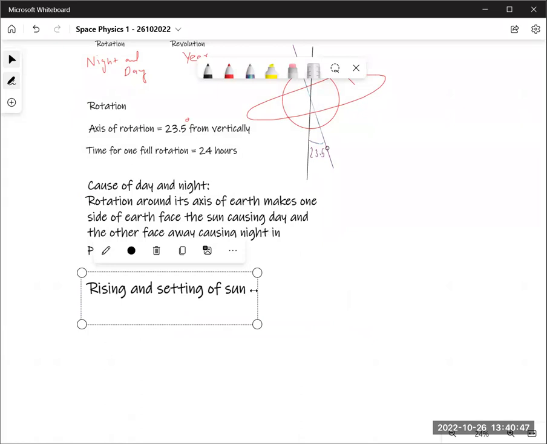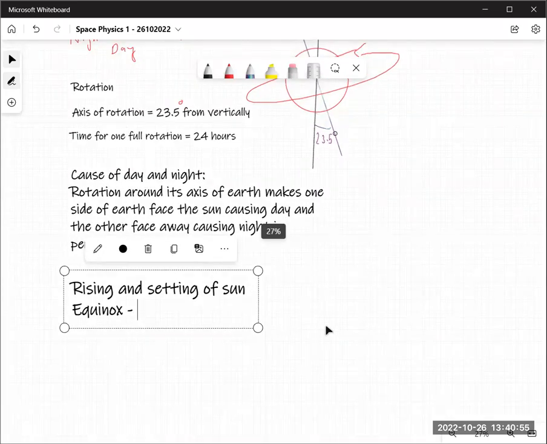Now the equinox is basically an area where the sun rises exactly in the east and sets exactly in the west.